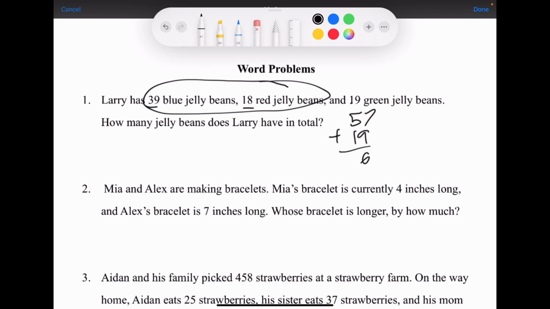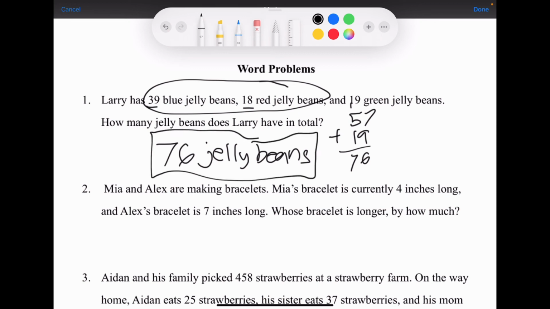So we add the 6 here, add the 1 at the top, so 1 plus 1 plus 5, that's 7, so it's pretty easy. So 76 jelly beans. And in word problems, you always want to write out how many or whatever it's asking for, just so you can specify that. So 76 jelly beans, right?